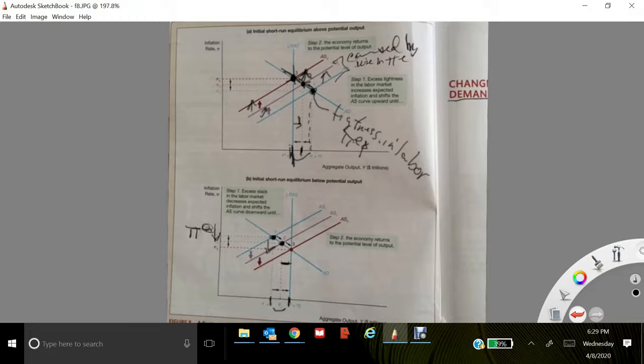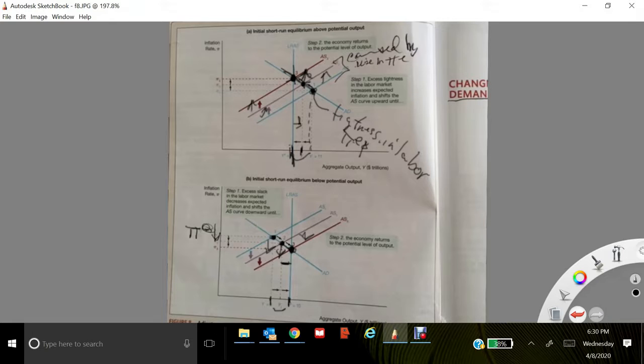So we'd have a still further fall in expected inflation, a further shift in the short-run aggregate supply curve until we reach this level, where the output level is at potential output.